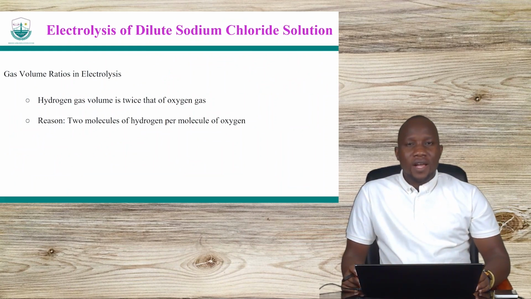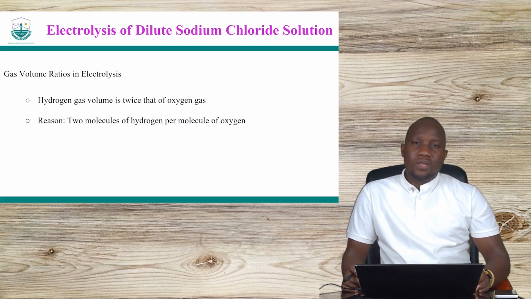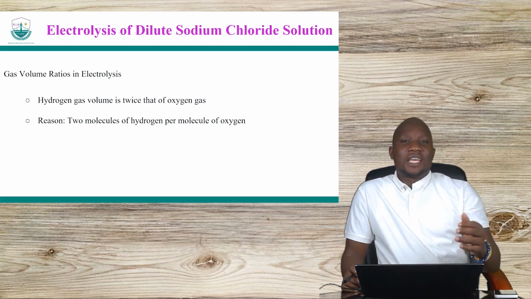So there are two gases being produced here in the electrolysis of dilute sodium chloride solution. You will have hydrogen and you also have oxygen. The ratio of production of these gases is very important because you can use that ratio to determine the volume of the other.